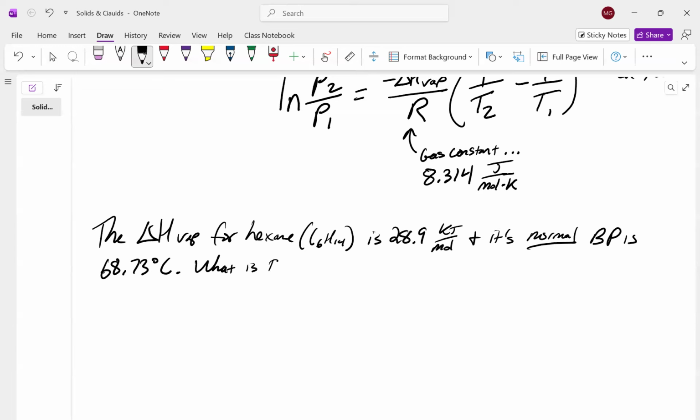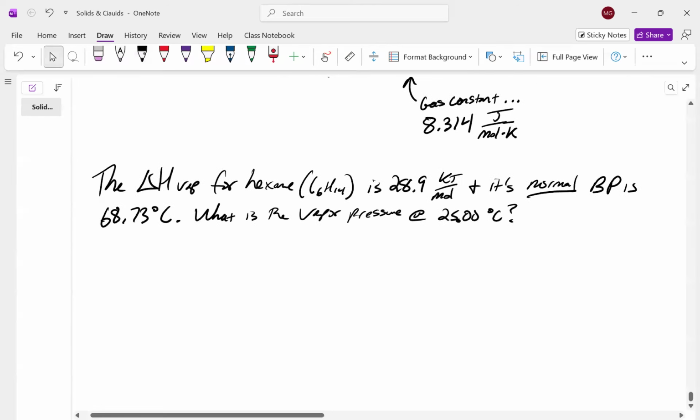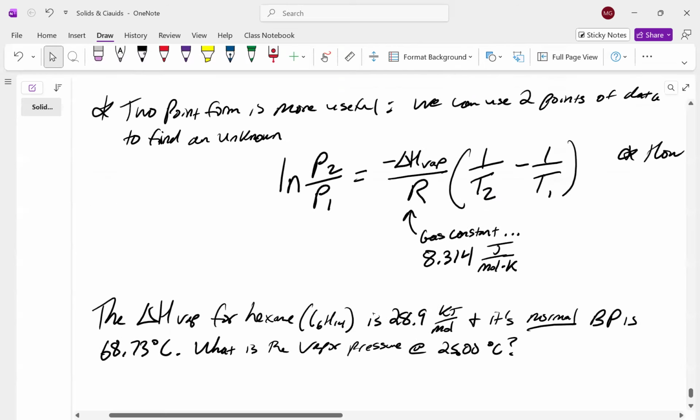What is the vapor pressure at 25.00 degrees Celsius? So notice here we have two different temperature pressure conditions, we're changing temperature, we're seeing how it affects the pressure. So we're going to use this two-point form of the Clausius-Clapeyron equation.